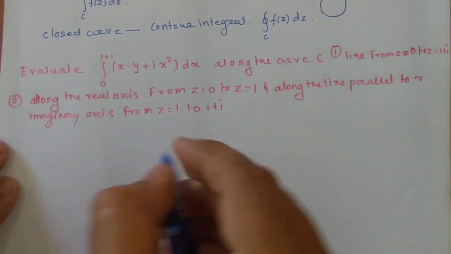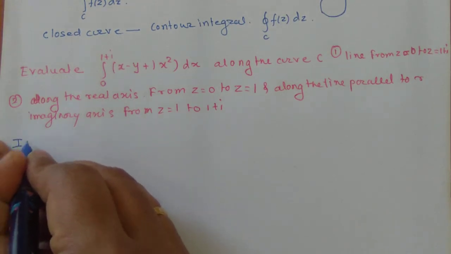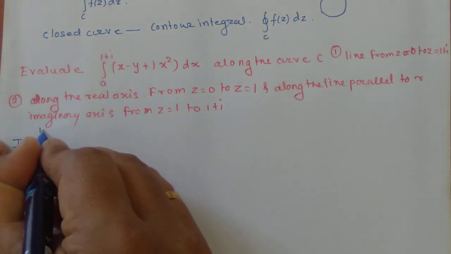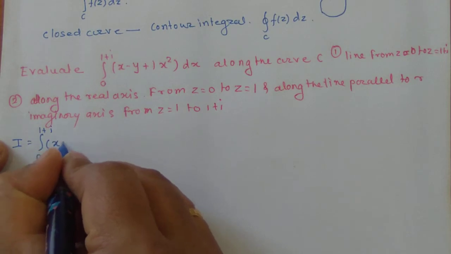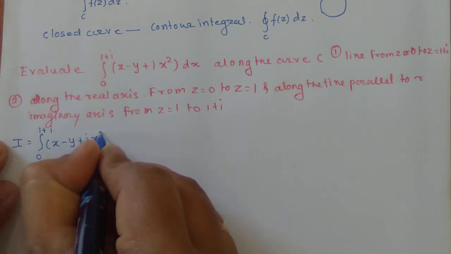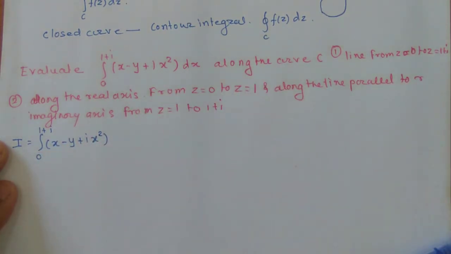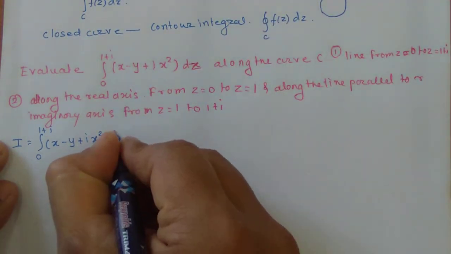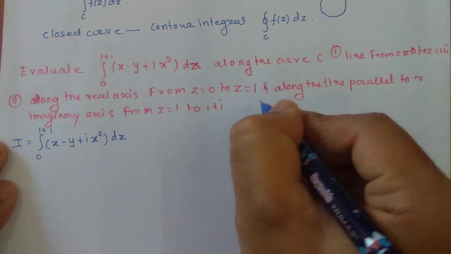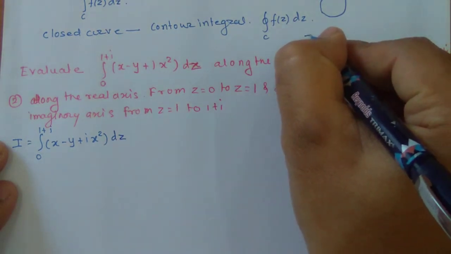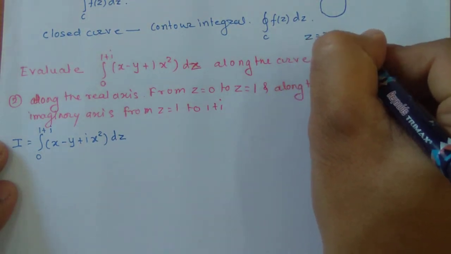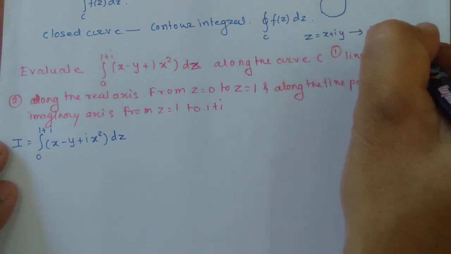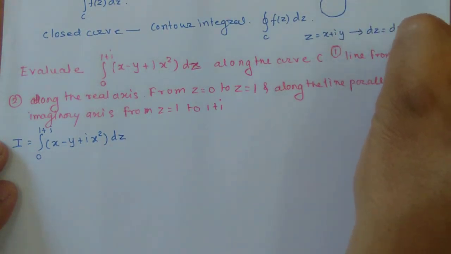So in the first case, what is the first step? I call the integral as integration from 0 to 1 plus i of (x minus y plus i x square) into, sorry, this is not dx, this has to be dz. Dz is what? If z is equal to x plus iy, then dz will be dx plus i dy.